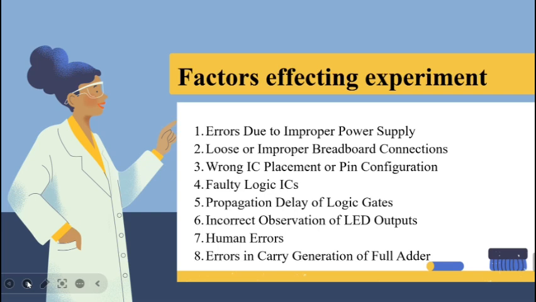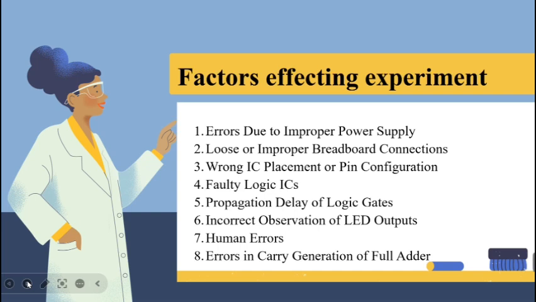If the power supply voltage is too low or too high, logic gates may not switch correctly. Output levels may become undefined. LEDs may glow dimly or not glow at all. ICs may overheat or get damaged. To prevent this, use a regulated DC power supply. Verify voltage using a multimeter before switching on the circuit.